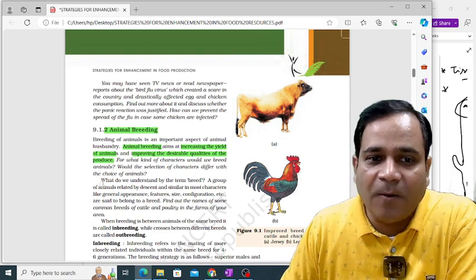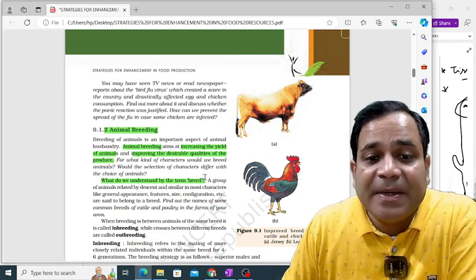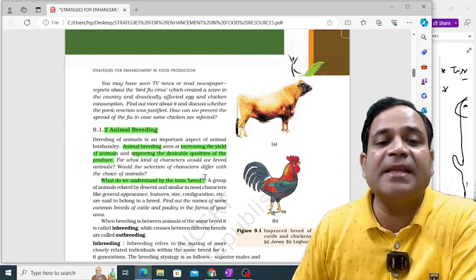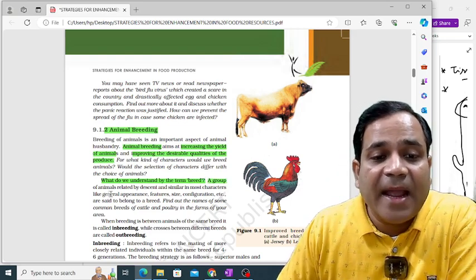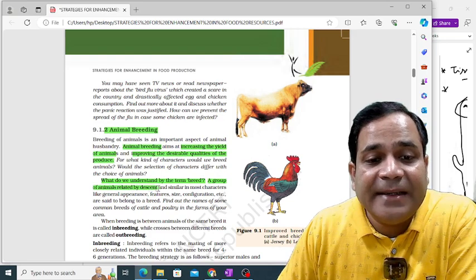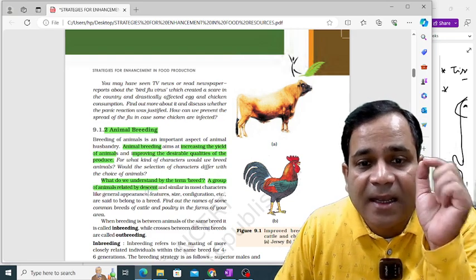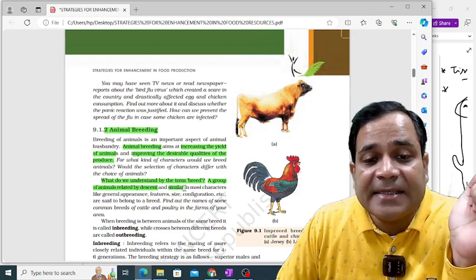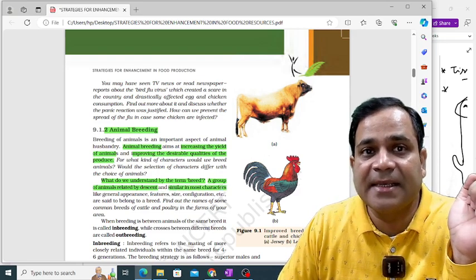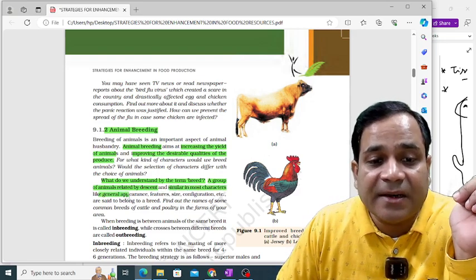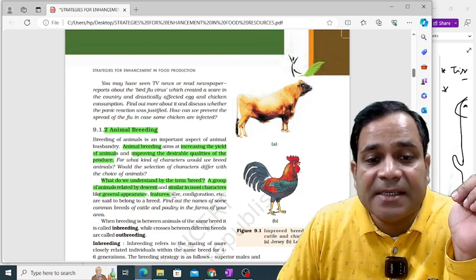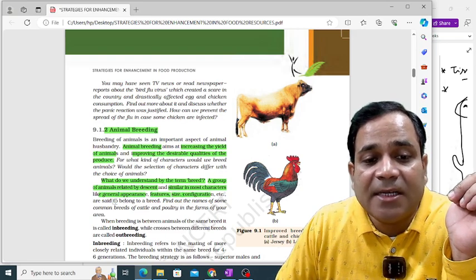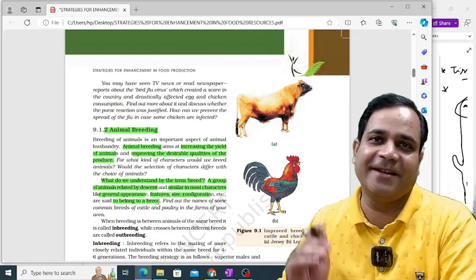Right? Now, what do you understand by the term breed? If anybody asks what you mean by the term breed, you say a group of animals related by descent and similar in most characters, like general appearance, features, size, configuration, etc., are said to belong to a breed, my dear.